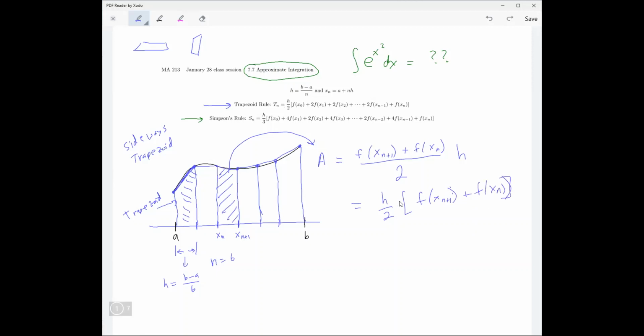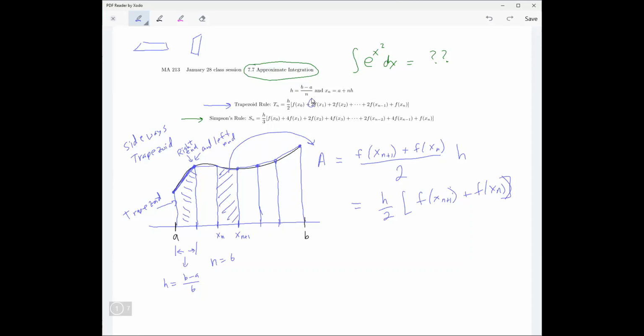Now it's h over 2 times this point plus this point again, because this point here is the right endpoint of the first interval, and it's the left endpoint of the second interval.